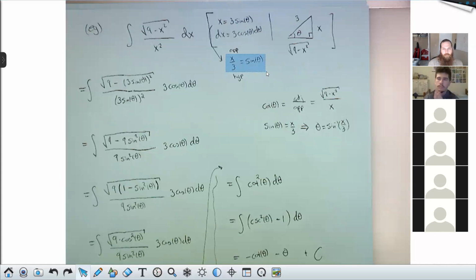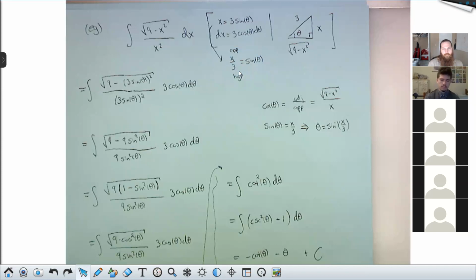Now from here, I remember SOHCAHTOA, right? Sine is opposite over hypotenuse, cosine is adjacent over hypotenuse, tangent is opposite over adjacent. I've got sine theta equals some fraction. So I can think of the top as the opposite and the bottom as the hypotenuse, because sine is supposed to be opposite over hypotenuse.